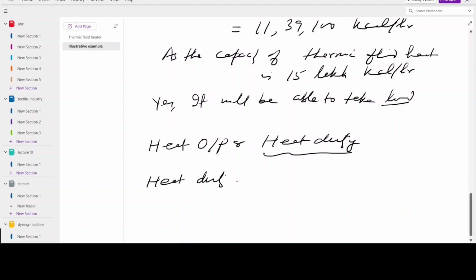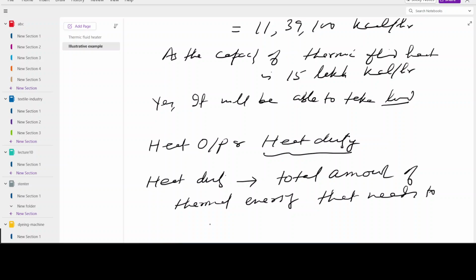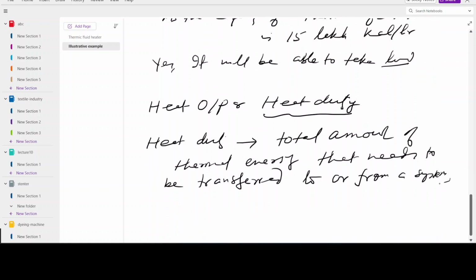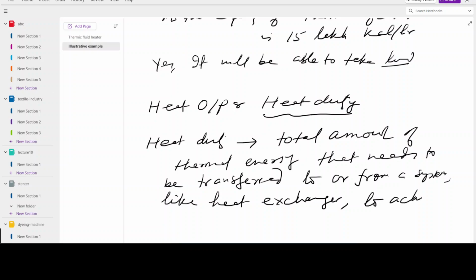Heat duty is the total amount of thermal energy that needs to be transferred to or from a system like a heat exchanger, to achieve a desired process condition.